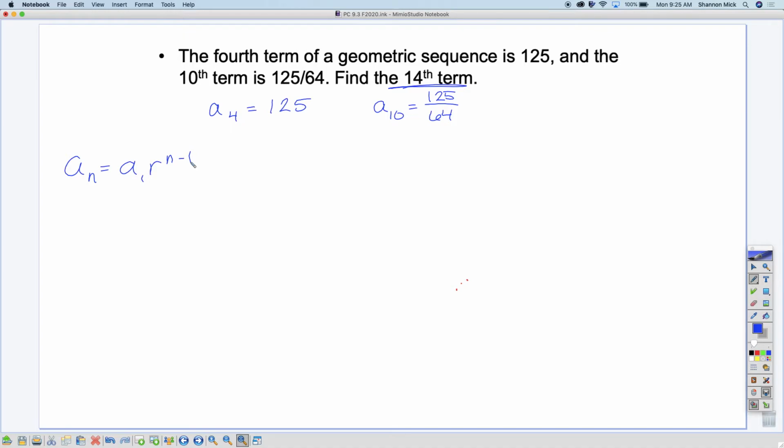Okay, so I need to figure out this equation so I can plug in 14 to get the 14th term, don't I? Now with arithmetic, we put them back to a sub 1. We're going to do the same thing here. I'm going to put this a sub 4 and make it my a sub 1. Just for the start. So if it is a sub 1 equals 125, what would that make 10? 7?